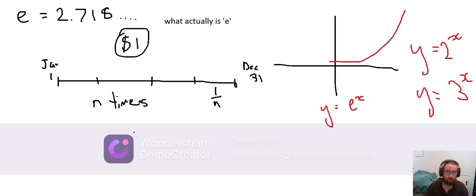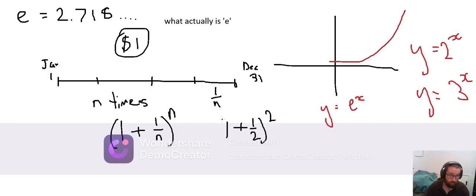If we start with $1, we're going to be basically multiplying 1 plus 1/n by itself n times. I hope this makes sense. So the first time when n was 2, I had to do 1 plus a half, squared, which is how I got my 2.25.